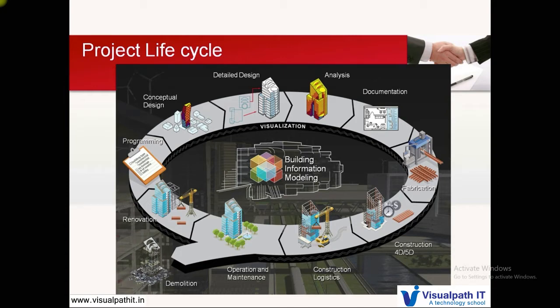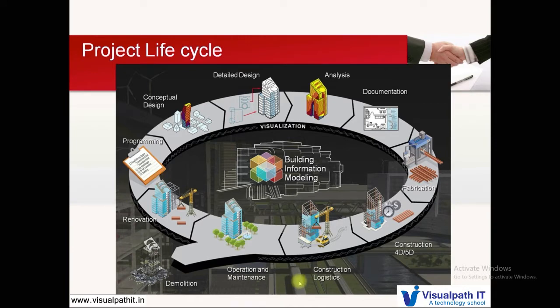Once the documentation is done, you get the quantity. Once you calculate the quantity, which we do in estimation, it goes for construction. All these can be done in the software, the tools, and the whole process. Once the construction is done, the logistics part comes into the picture.